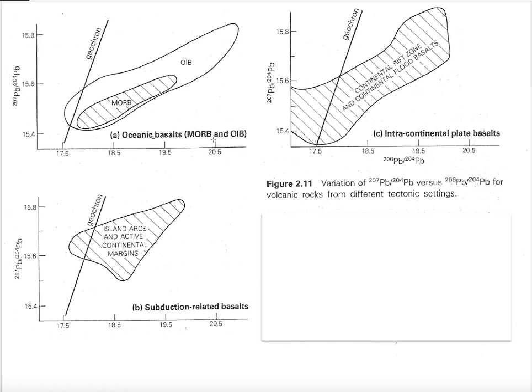Here we have, for example, the MORB and the ocean island basalts. Here we have the continental rift zones and the continental flood basalts, scattering over a wide range.